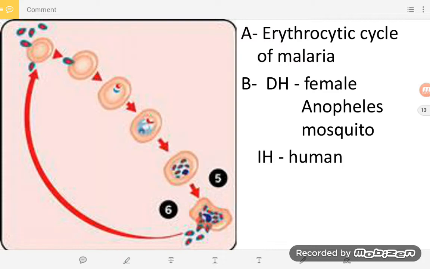Then when the vector takes the blood meal again, these gametocytes enter into the vector and there are some modifications inside the vector; they fuse together, forming the zygote, ookinete, oocyst, and it develops into the sporozoites. This is the life cycle of the malaria.